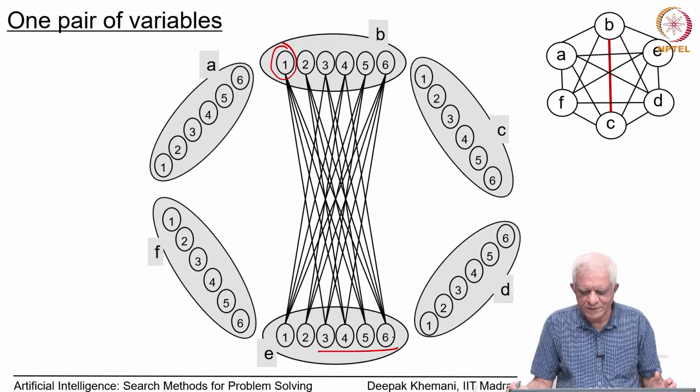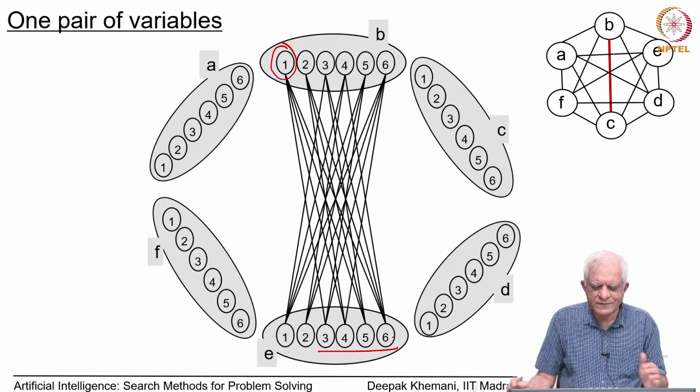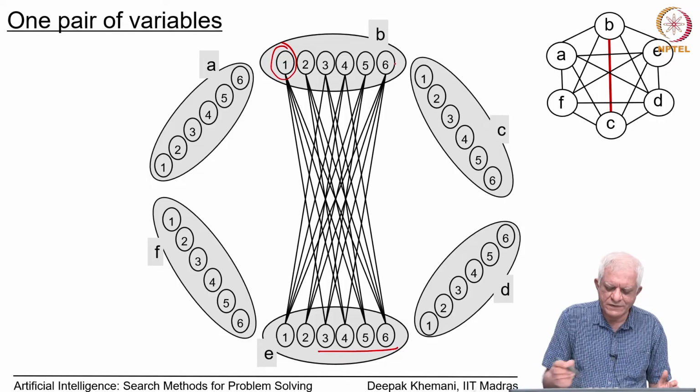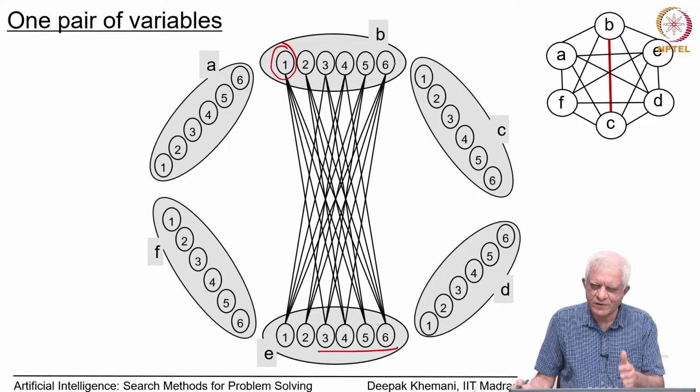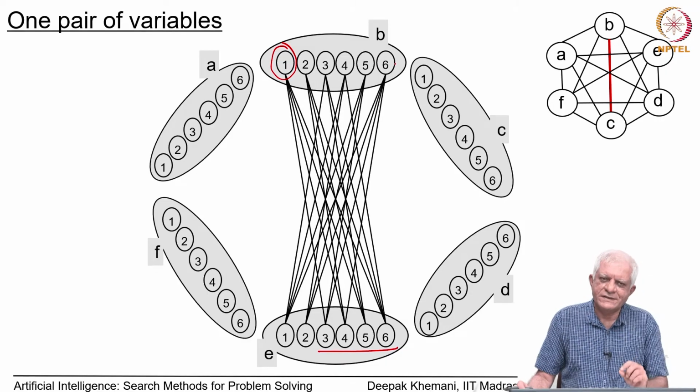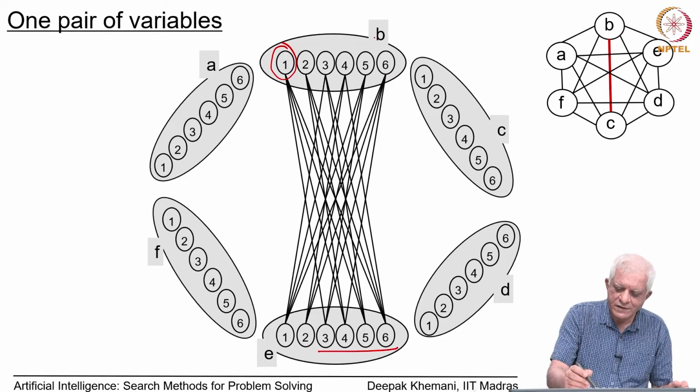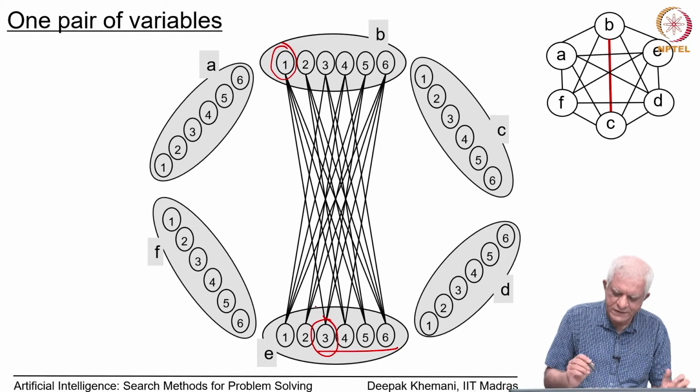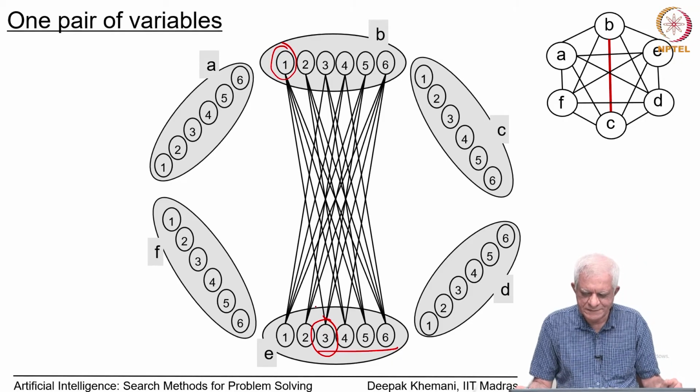E can be placed on 3, 4, 5, 6. And likewise, for each value of B, we have a set of values. So, this matching diagram, if you remember, an edge says that this combination is allowed. You can place queen B on row 1 and you can place queen E on row 3, that is perfectly fine essentially.